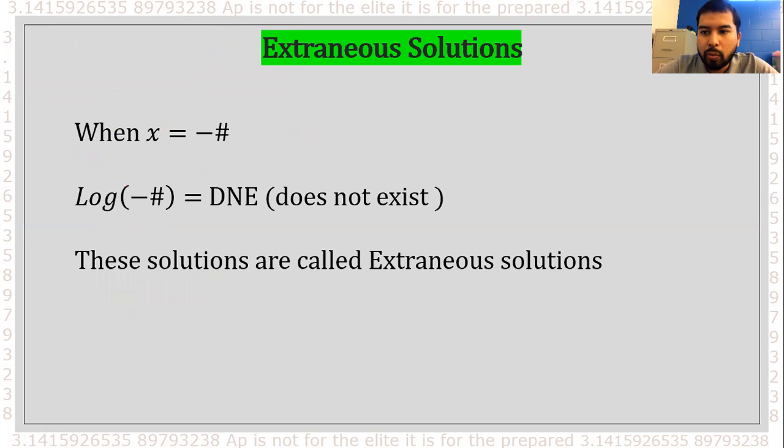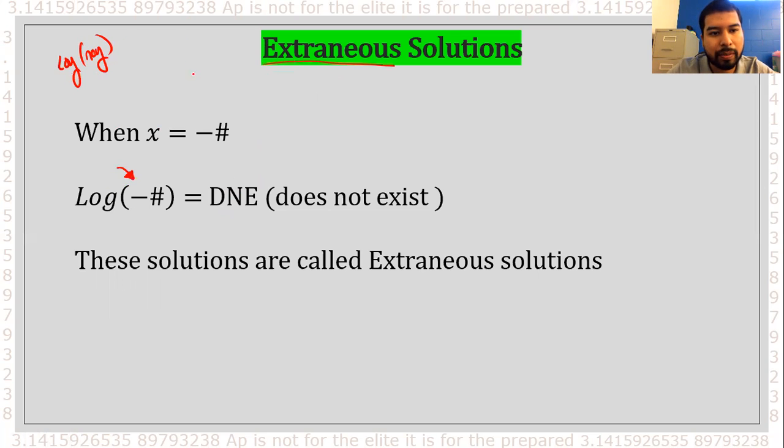When x is a negative number as a solution and you substitute it into your logarithm, and the final answer that simplifies inside the parentheses is negative, that is going to be a solution we call an extraneous solution, because we cannot evaluate logs at a negative input.